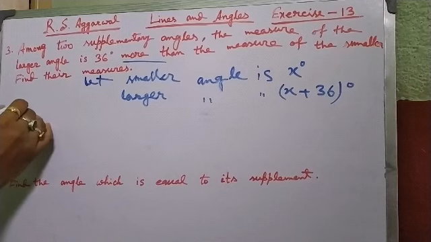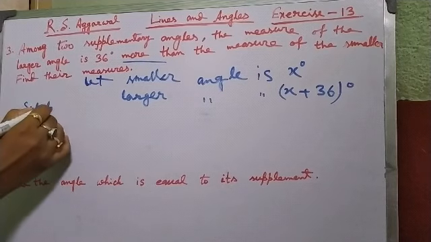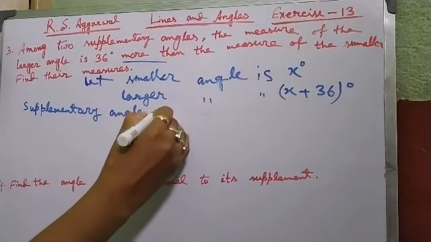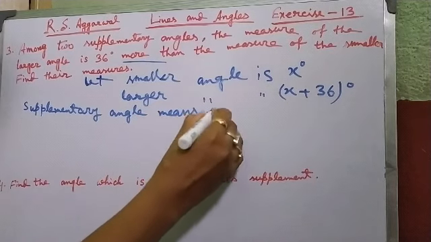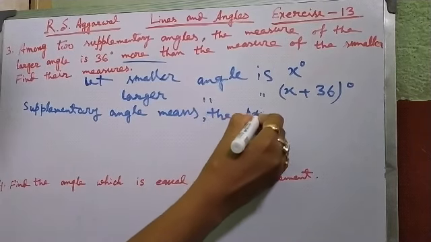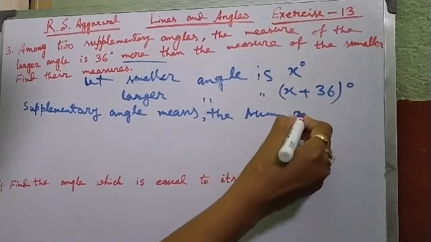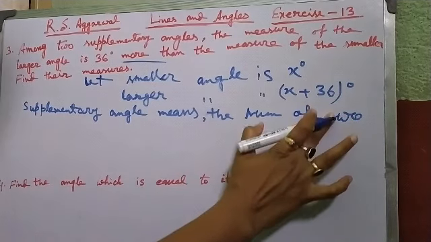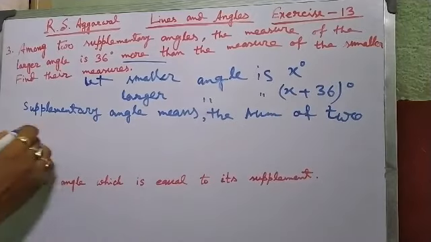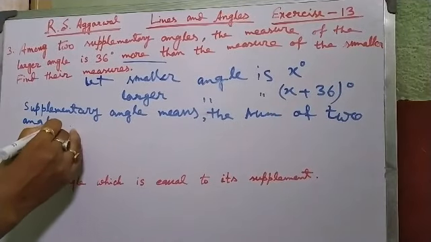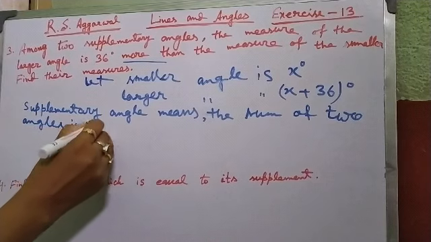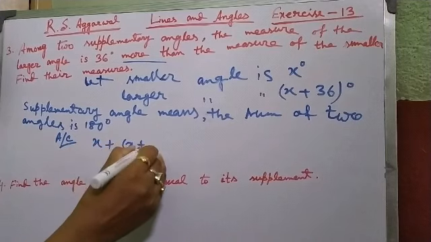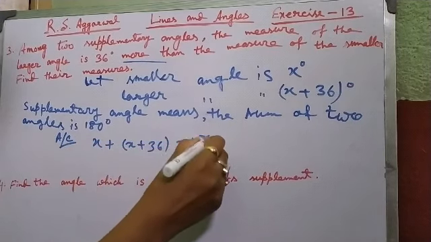Supplementary angles means the sum of the two angles is 180 degree. So according to the condition, x plus x plus 36 equal to 180 degree.